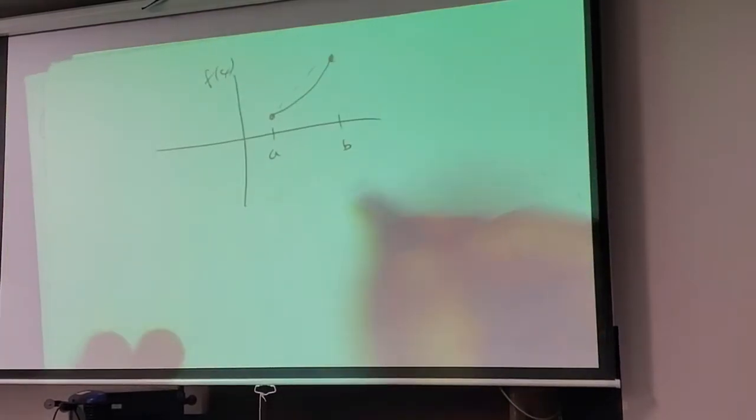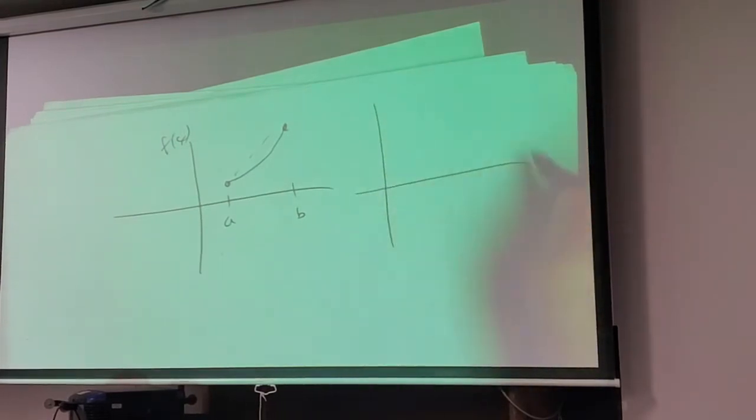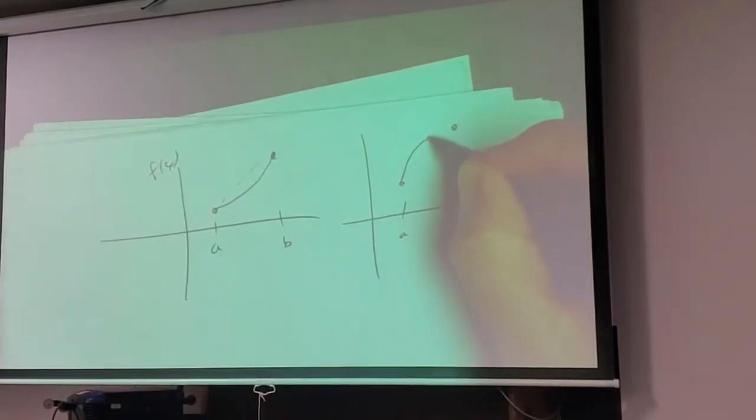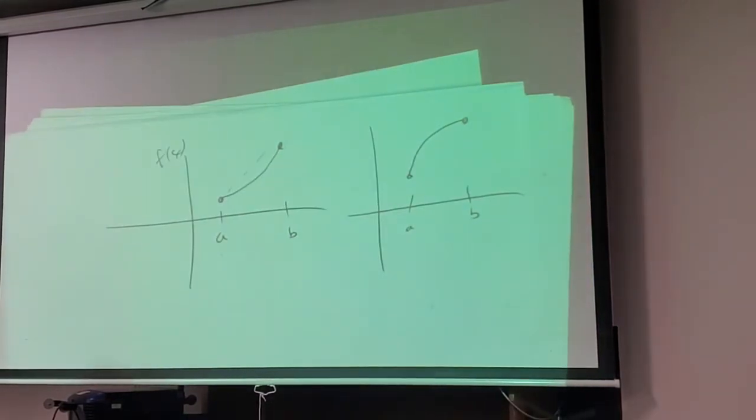Or I could do this. Now, of course, I could do a lot of wobbles in between, but I don't want to. I've kind of zoomed into the one wobble, whatever my big function looks like. Does that make sense? One wobble.